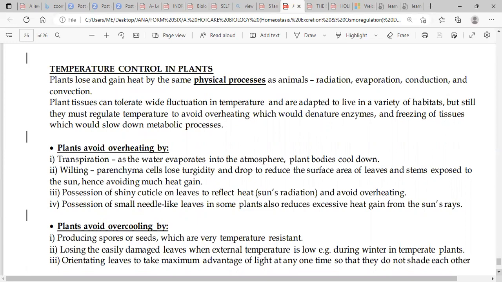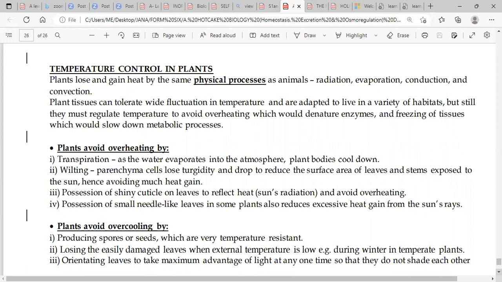Some plant tissues can tolerate wide fluctuations in temperature, and they are adapted to live in a variety of habitats. But still, they must regulate the temperature to avoid overheating, which would denature enzymes, and freezing of tissues, which would slow down the metabolic processes.